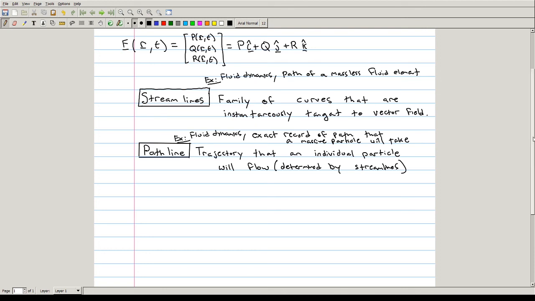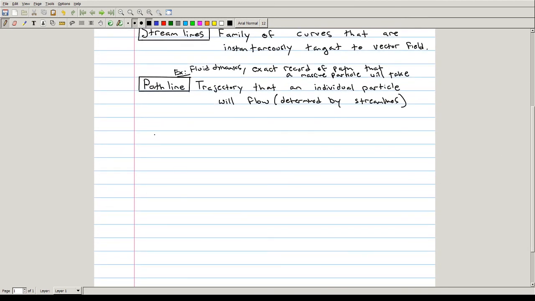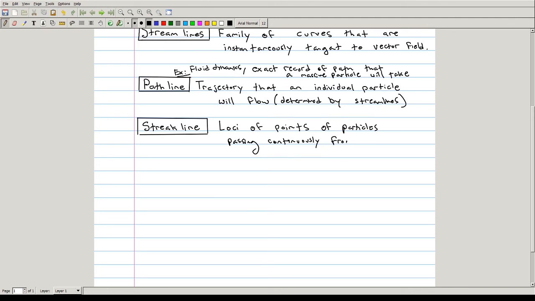And the last thing that we'll talk about is what's called a streak line, which you can think of as the loci of points of all particles passing continuously from a point in the path.